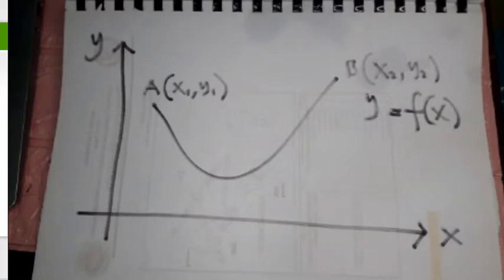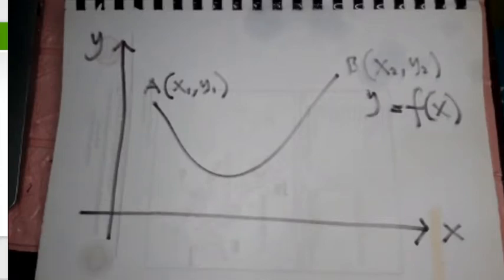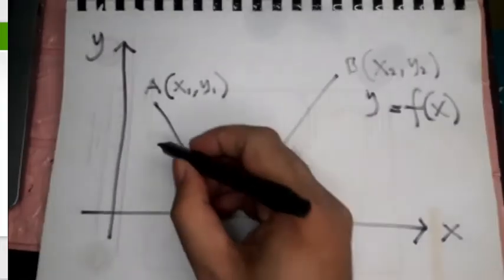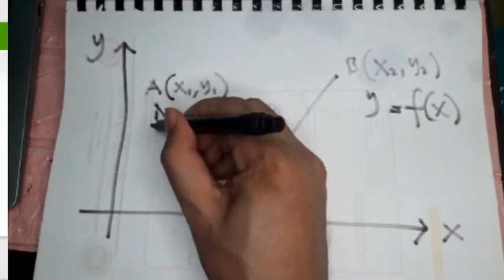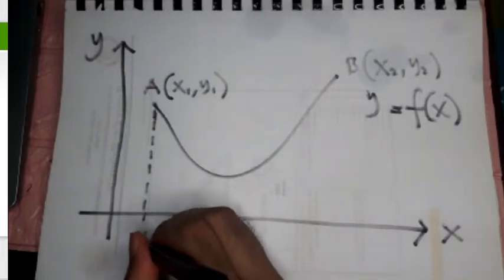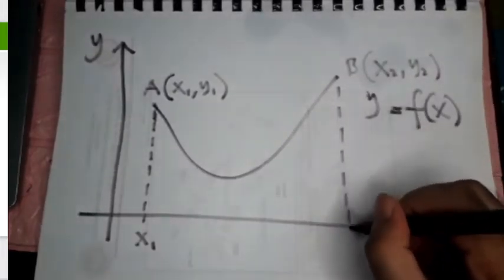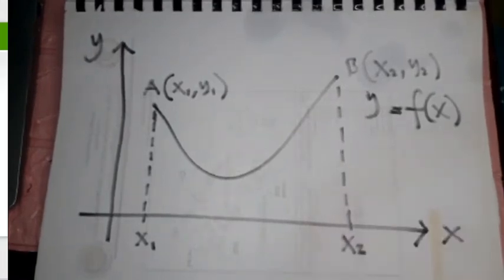So let us first explain what we mean by domain. Domain is the values of x that are valid. So the valid values of x are actually starting from x1 up to x2.